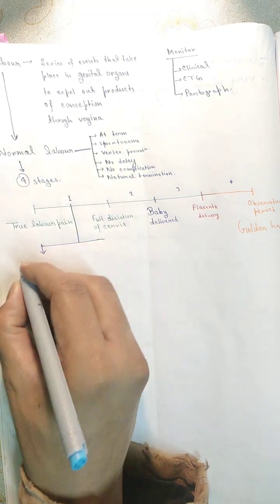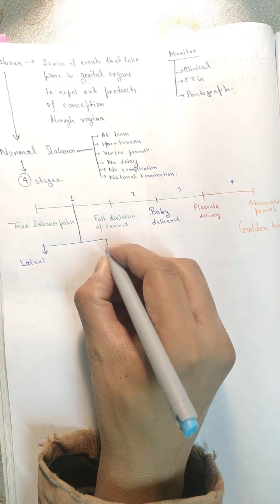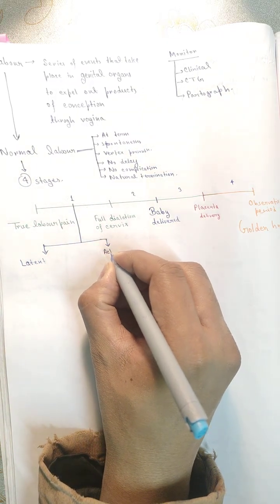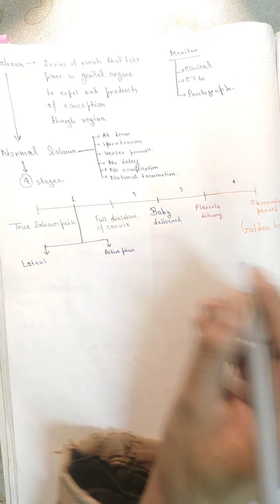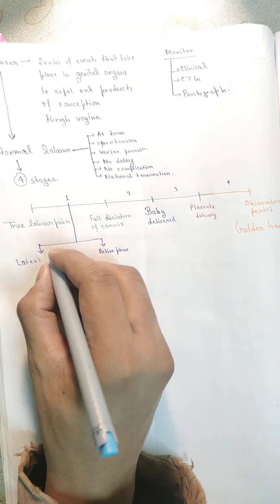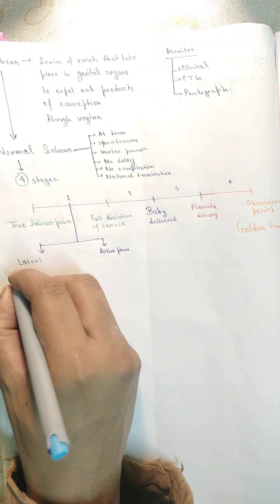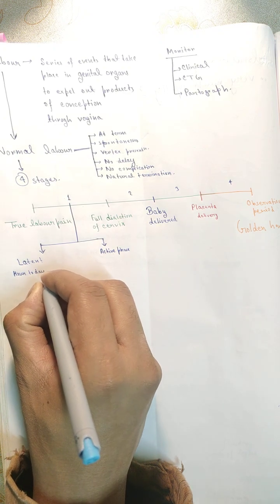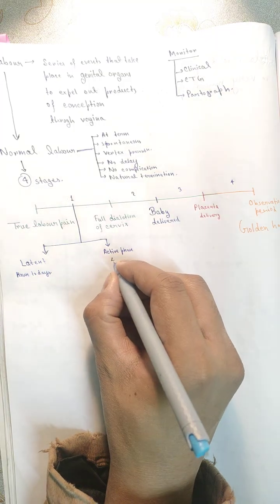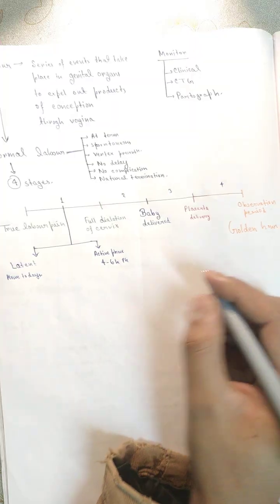One is latent phase and the other one is active phase. The latent phase can vary from hours to days. Active phase is 4 to 6 hours for a primigravida female.